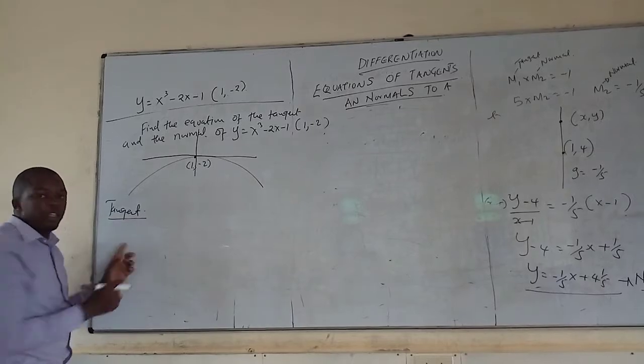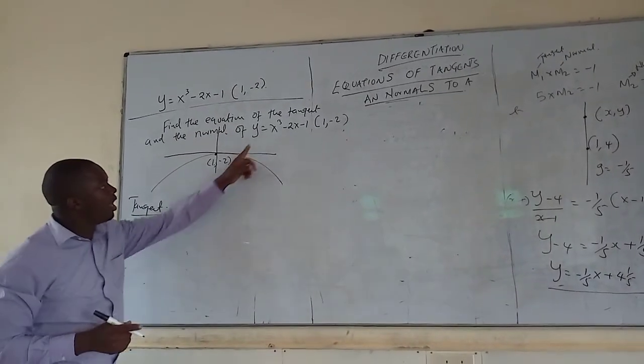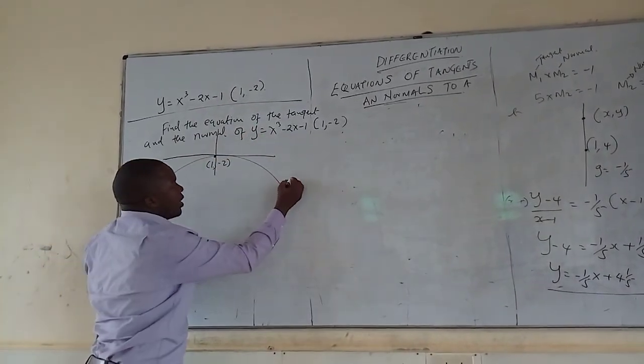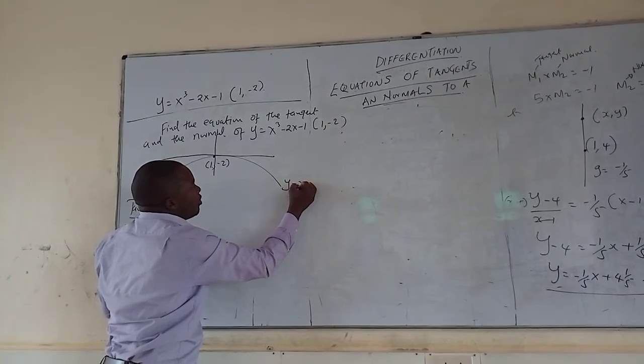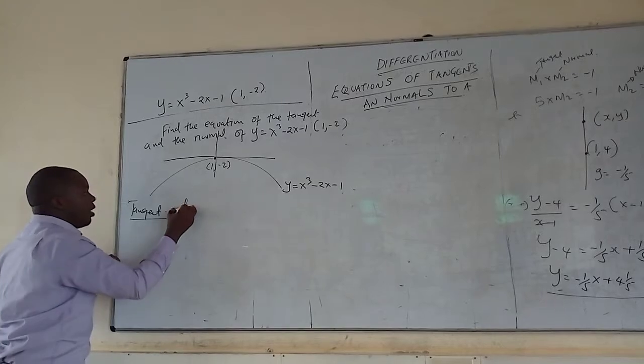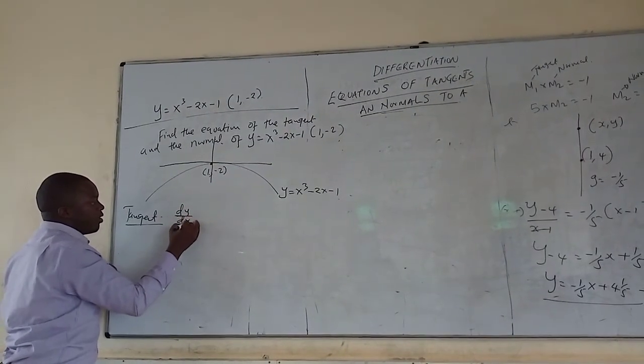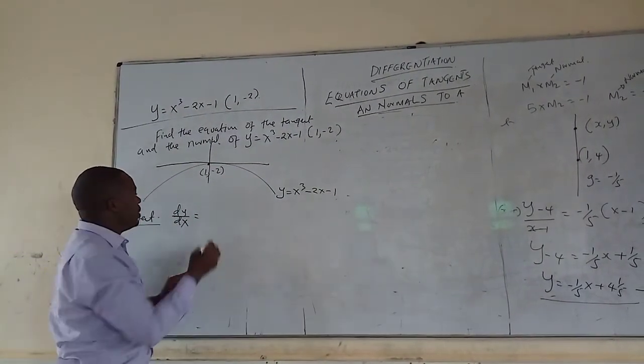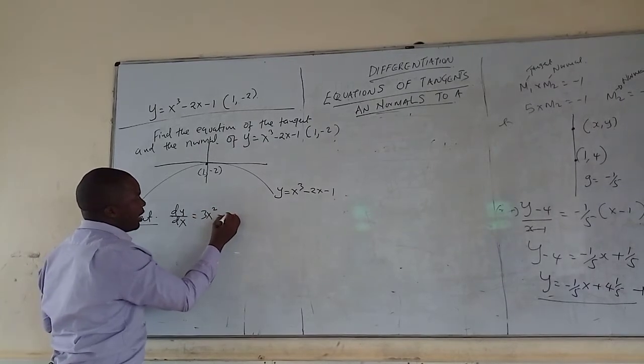To get the gradient of the tangent, I have to get the gradient function of that curve at that point. So x cubed minus 2x minus 1, my dy/dx of this is going to be 3x squared minus 2.